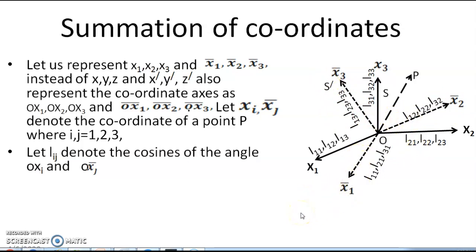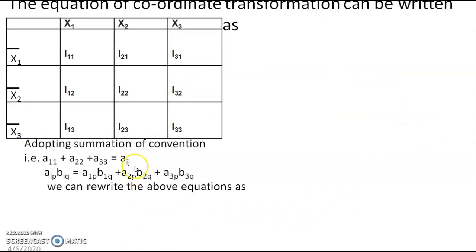And for next C, from this we can have a tabular form as x1, x2, x3. Similarly, x, y, z. And x dash, y dash, z dash, we are writing here x1 bar, x2 bar, x3 bar.